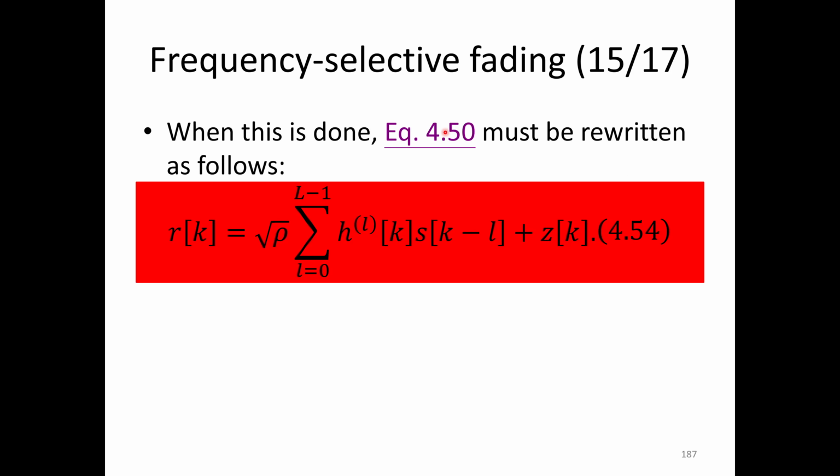Equation 4.50 must be rewritten as follows. R of k is equal to the square root of rho times summation small l equal to 0 to capital L minus 1 HL of k times S of k minus L plus Z of k.